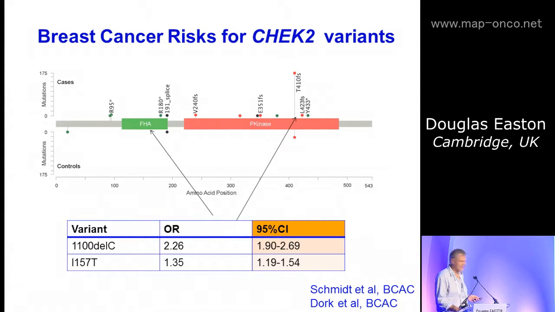We know that truncating variants in CHEK2 confer a risk of about 2-fold for breast cancer. And that's quite reliably known through studies of this variant 1100del-C. But missense variants in this gene also confer a risk, but it's not the same risk. So that's a major challenge in terms of putting together studies that will get reliable risk estimates for all these variants, most of which are very rare.